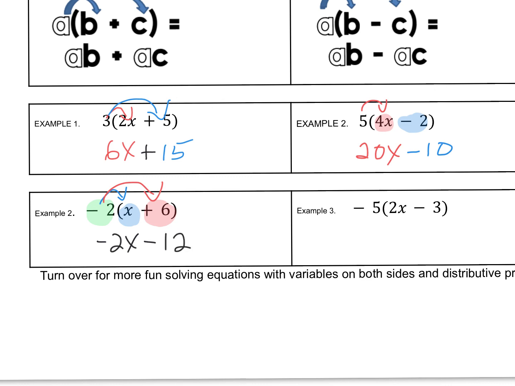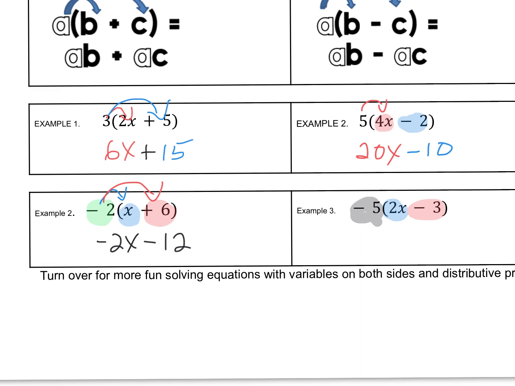Negative 12. All right, and then this last example over here, again, I'm going to separate my terms. So I'm going to highlight the 2x and the minus 3. And then I am multiplying negative 5 times both of those terms.